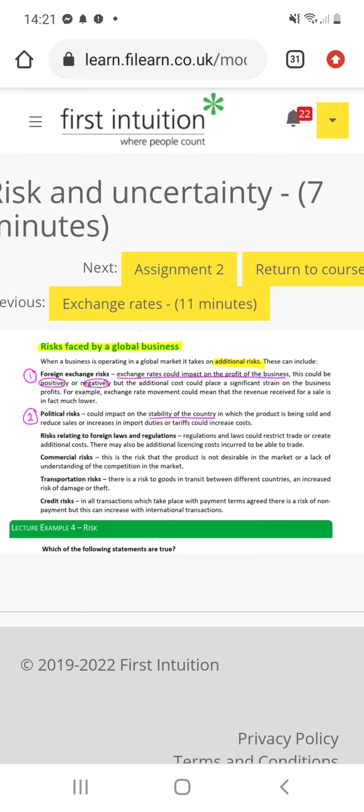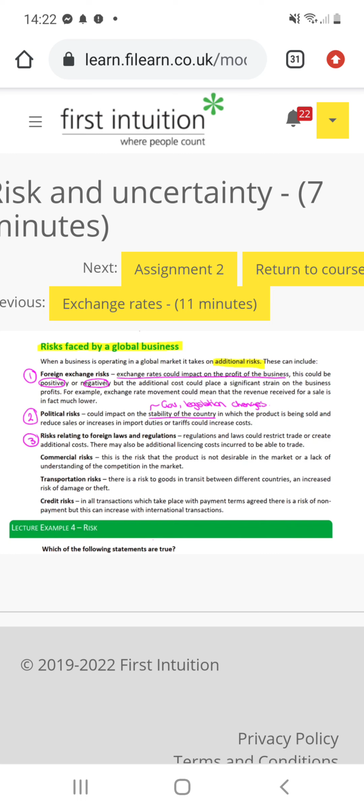Talking about the stability of a country, it could mean that there's a change in government. It could mean changes in laws and regulation, perhaps health and safety rules or tax, labour laws and trading laws. They could have a negative impact on the business.